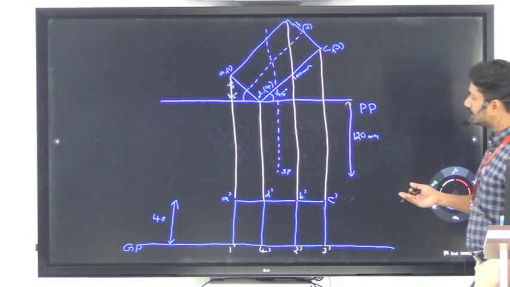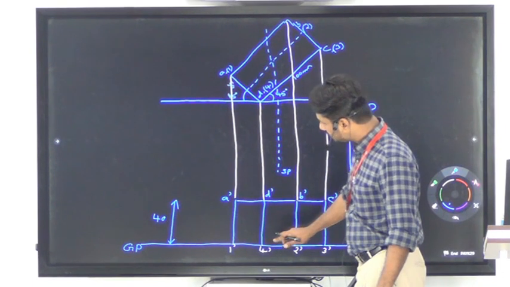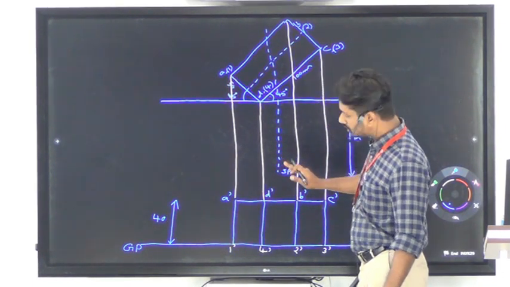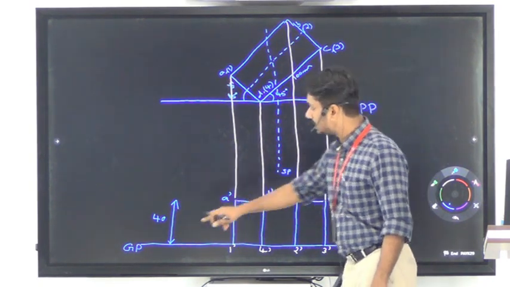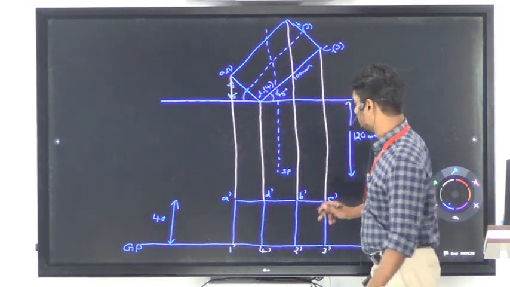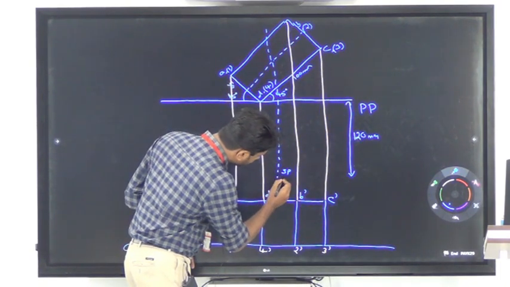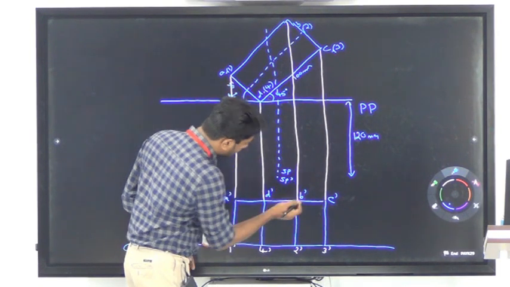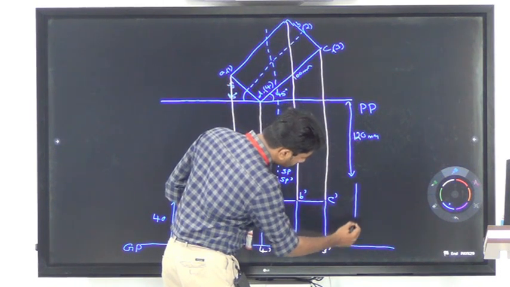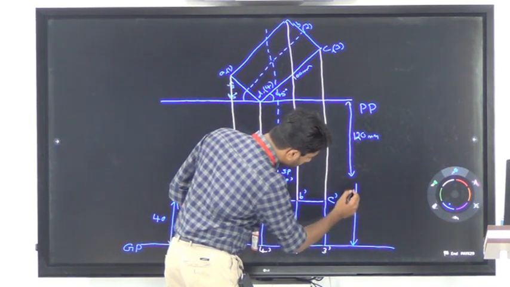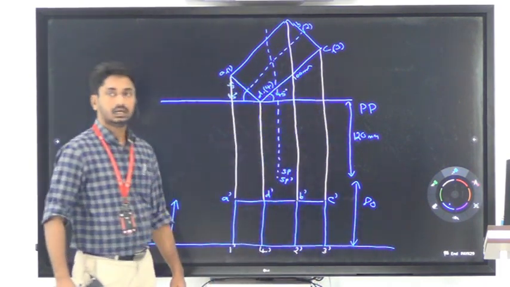So you can mark the front view of the station point SP dash at a distance of 80 mm from the line GP. So this distance is equal to 80 mm.